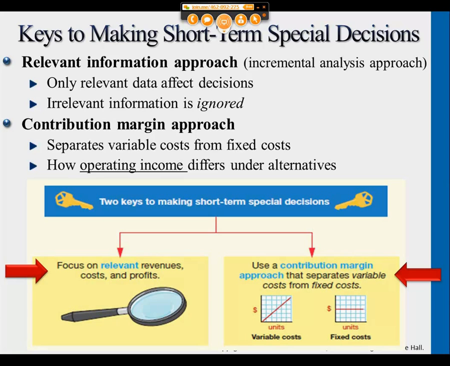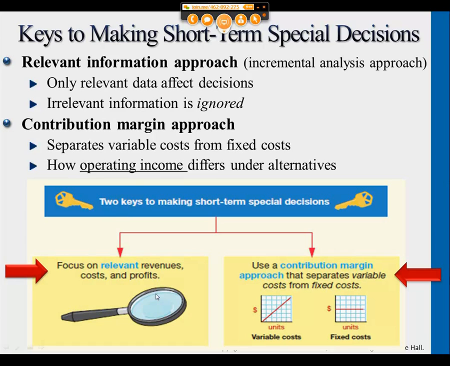The relevant information approach is your incremental analysis approach. That means you're going to only include your relevant information and disregard all of the irrelevant, and we just discussed which one is which. So we'll focus on relevant revenues, costs, and profits.